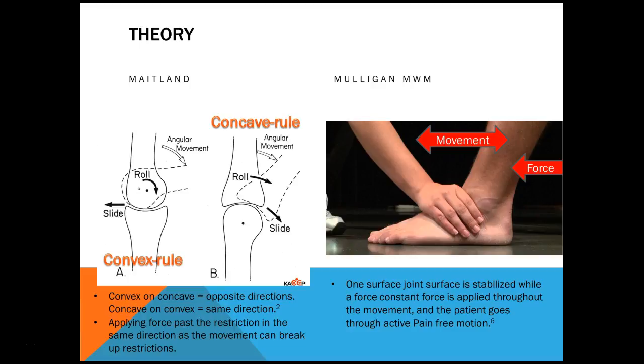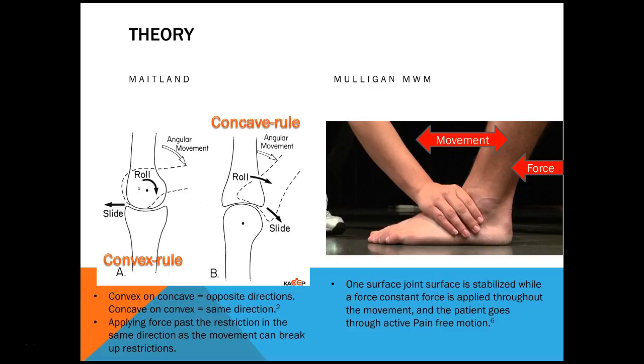Mulligan mobilization with movement is, as you can see in this picture, one surface is stabilized. In this case, the ankle is stabilized, or the talus is stabilized. And then there's a constant force applied to the other end of the joint. So in this respect, we're talking about the talocrural joint.